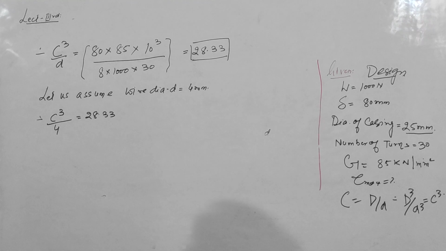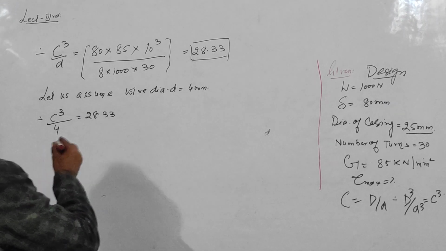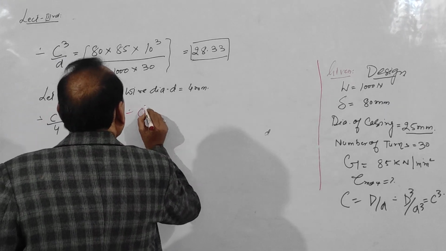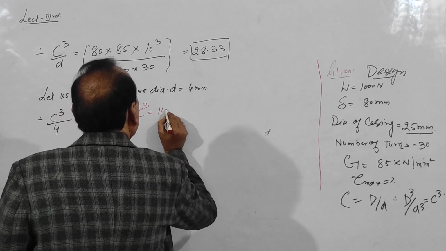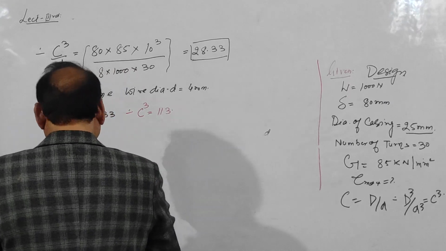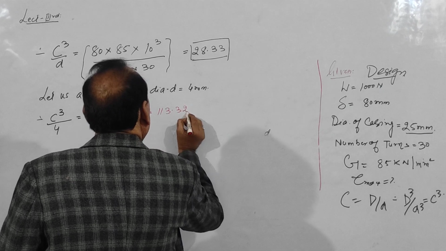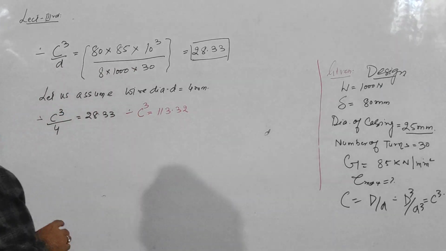और you can say C की वैल्यू कैलकुलेट करो इधर से, this is 28.33 multiplied by 4, so this is 113.32. Therefore, C cube is equal to 113.32. And what is your C now?